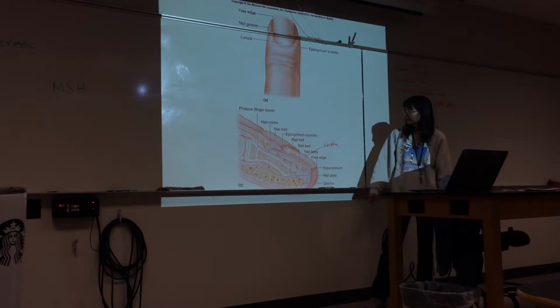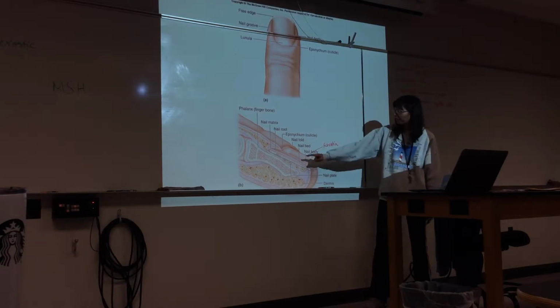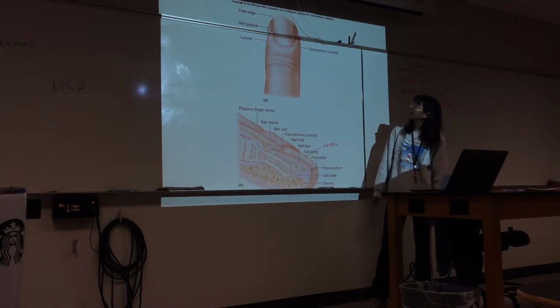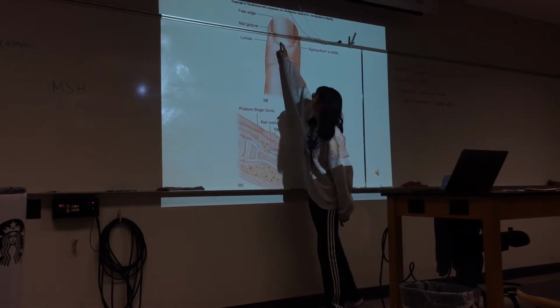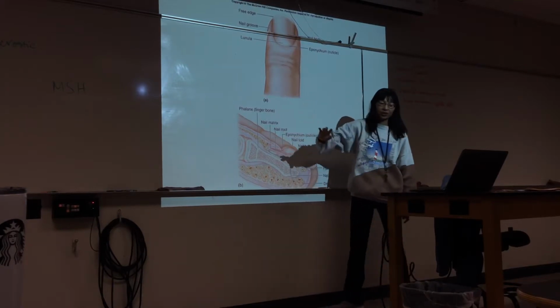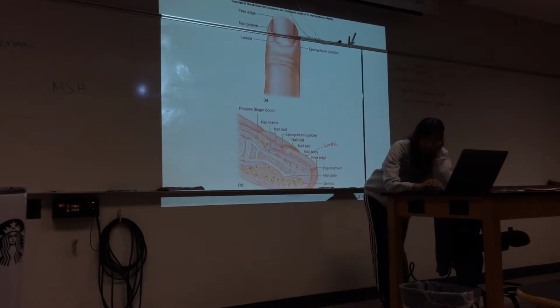You have your skin, nail root, eponychium, the cuticle here, and the little tiny whitish area, lunula. So just basic, common nail anatomy.